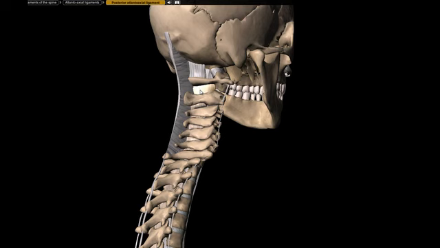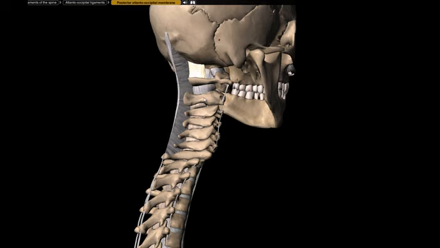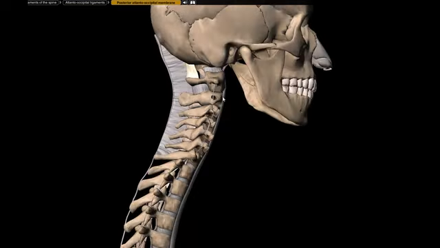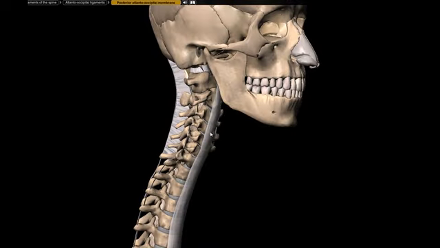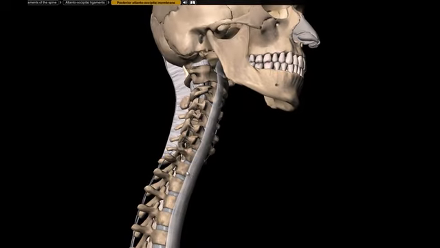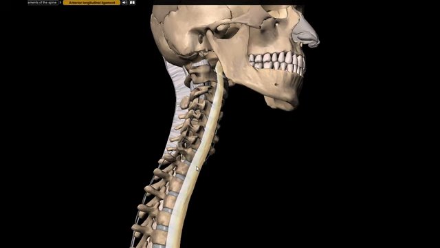And these ligaments are responsible for checking excessive flexion, as is the posterior atlanto-occipital membrane. As I move around, I have an anterior longitudinal ligament that runs all the way up to and includes the anterior atlantoaxial ligament.